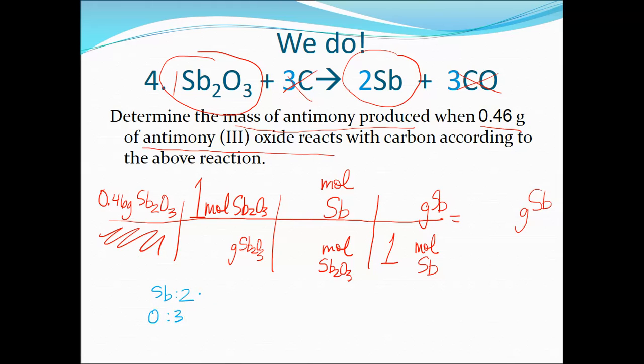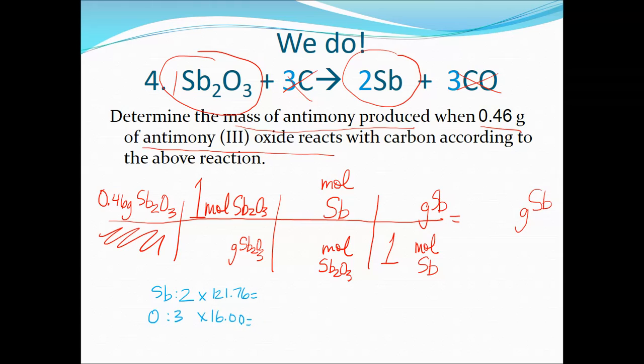So using your periodic table, you're going to say 2 times the atomic mass of antimony. And as I look at my periodic table, antimony is 121.76. And then the oxygen, of course, is 16.00.